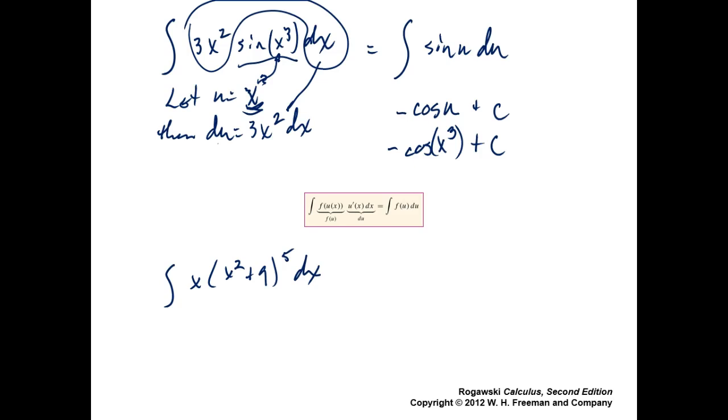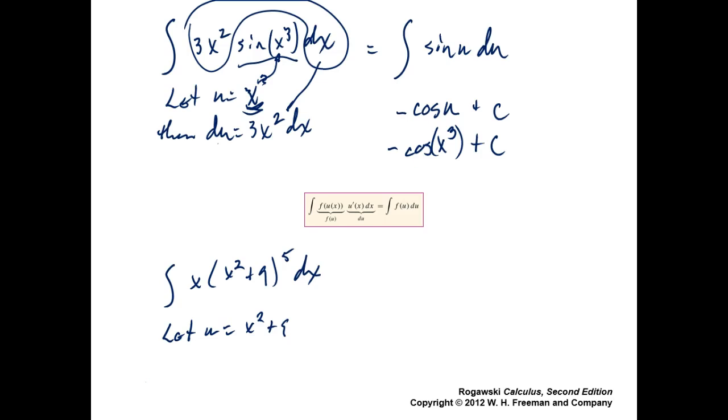Okay, let's find a u. Let u equal something. What would u be? Would it be x squared plus 9? I like it. Do you like it too? It's the innermost part of the most complicated part of the problem.